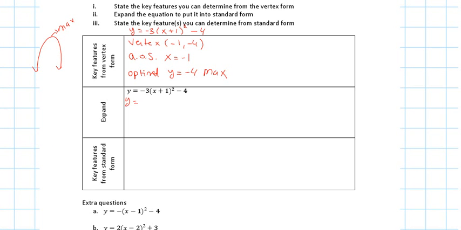So write the x plus 1 twice. Okay. Then what do we do? Do the FOIL. These are the steps that I always want you to follow. You're going to write your bracket twice. You're going to FOIL. Okay?